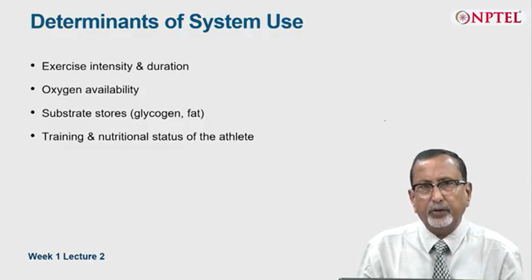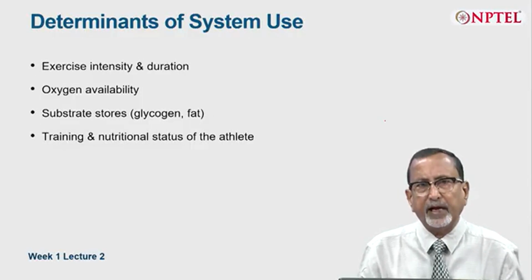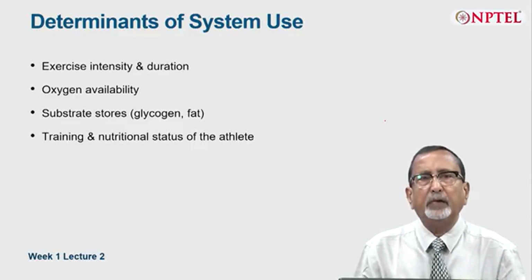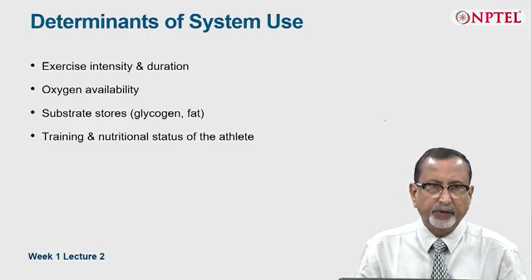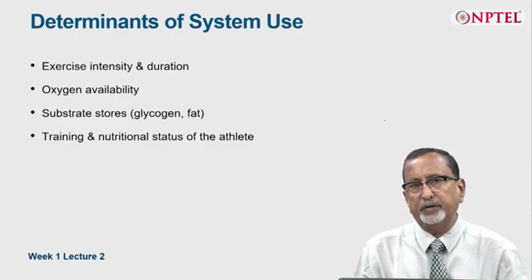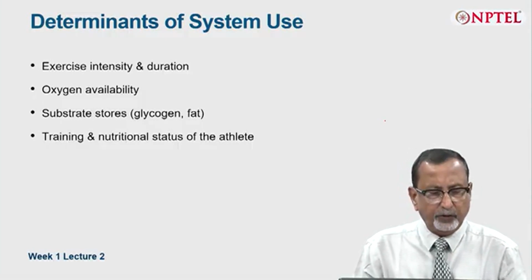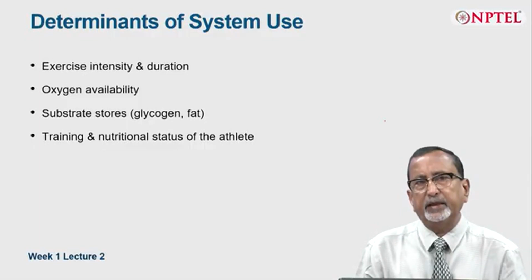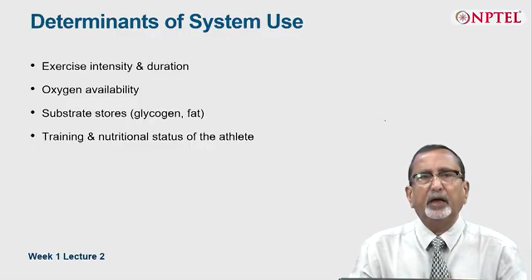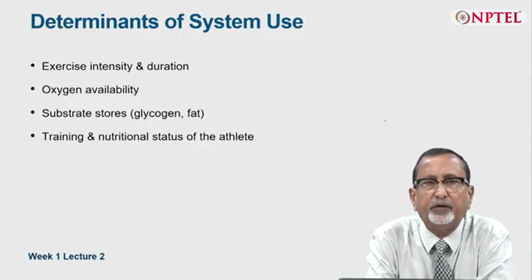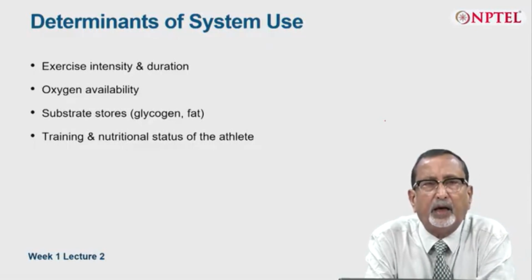The substrate store: if the glycogen and fat store is proper, then aerobic oxidation would be the better system in long slow distance running. Of course, training and nutritional status of the athlete is very important, because training can enhance VO2 max or aerobic endurance.